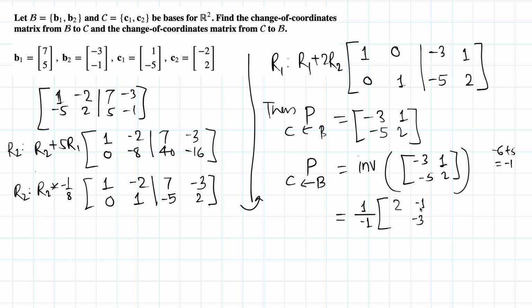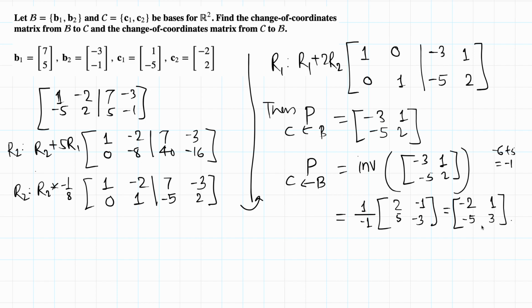So 1 becomes negative 1, negative 5 becomes 5. Now we need to multiply by 1 over negative 1, which is negative 1. Multiply each term by negative 1. That becomes negative 2, 1, this becomes negative 5, this becomes 3.